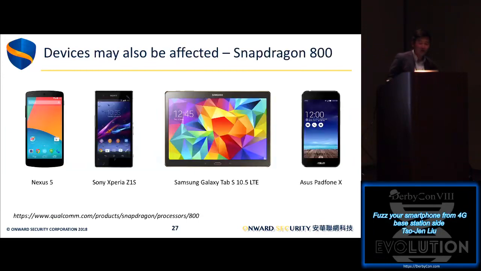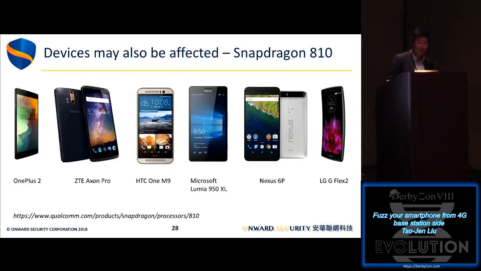These devices use Snapdragon 800 and may also be affected by this vulnerability. They all use Snapdragon 810, but we have to say these devices may be vulnerable. We cannot guarantee 100% because we cannot buy each cell phone to test and verify this vulnerability.